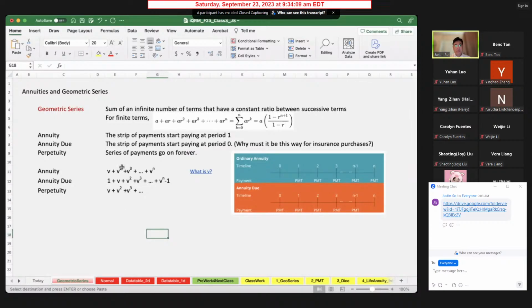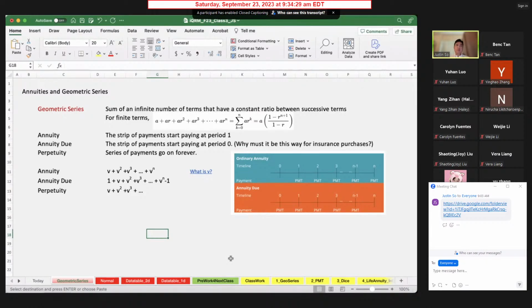Okay, so we are starting with annuities and geometric series. We already talked about the annuities. First, geometric series.